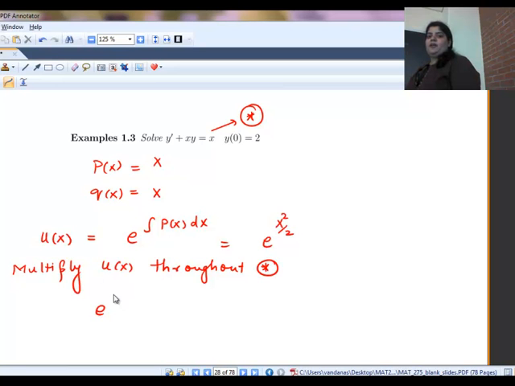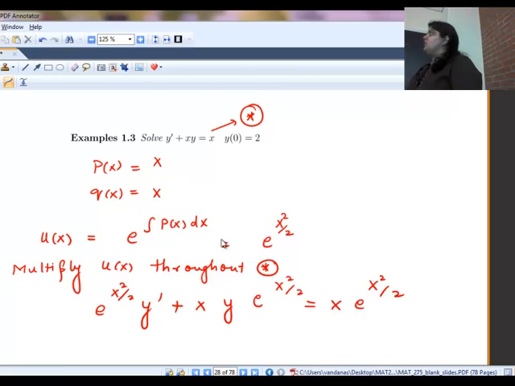So if I multiply it, I will get e to the power x square over 2 times y prime plus x y e to the power x square over 2. Then I will have x e to the power x square over 2. So I multiplied with the integrating factor throughout. Now what magic is happening here?